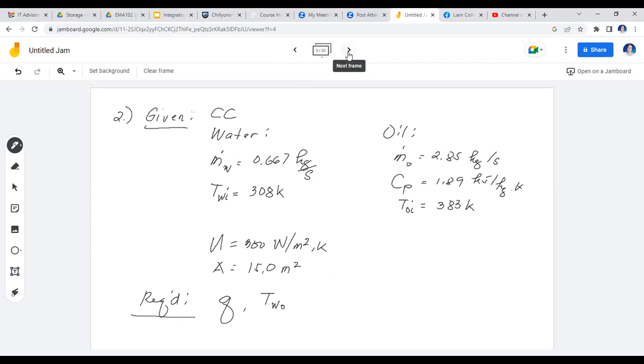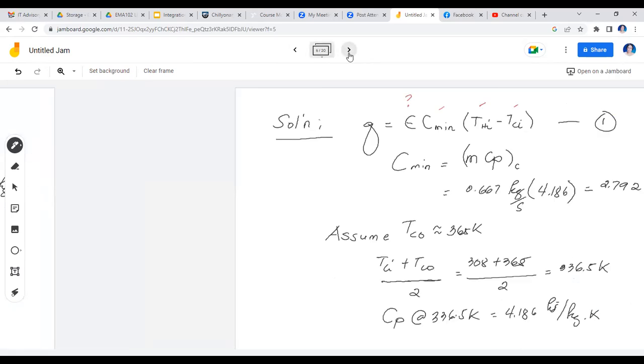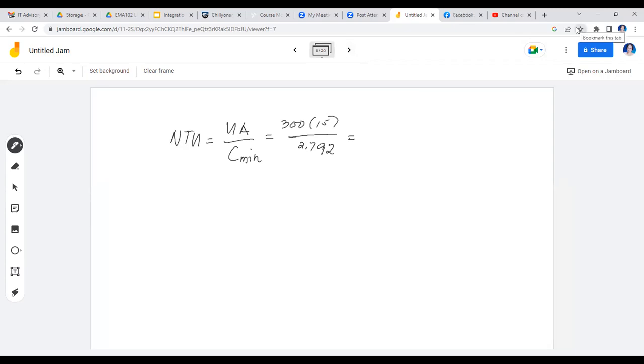Your C minimum is in kilojoule, so we need to divide it by 1,000. We need to convert it to joule because your U is in watt. So your answer is 1.1867.